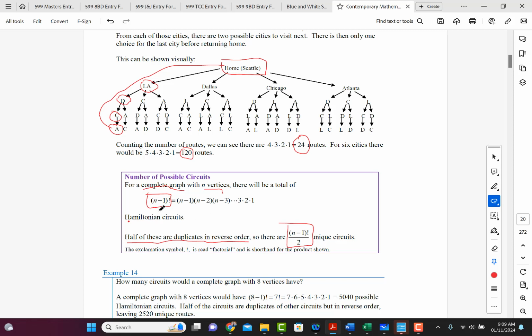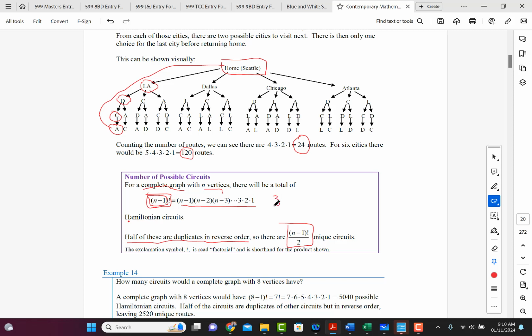The factorial symbol just means that we're going to take that number, whatever this n minus 1 is, and multiply it by every unique integer less than that. So in this case, we go n minus 1, n minus 2, n minus 3, all the way down to 1.